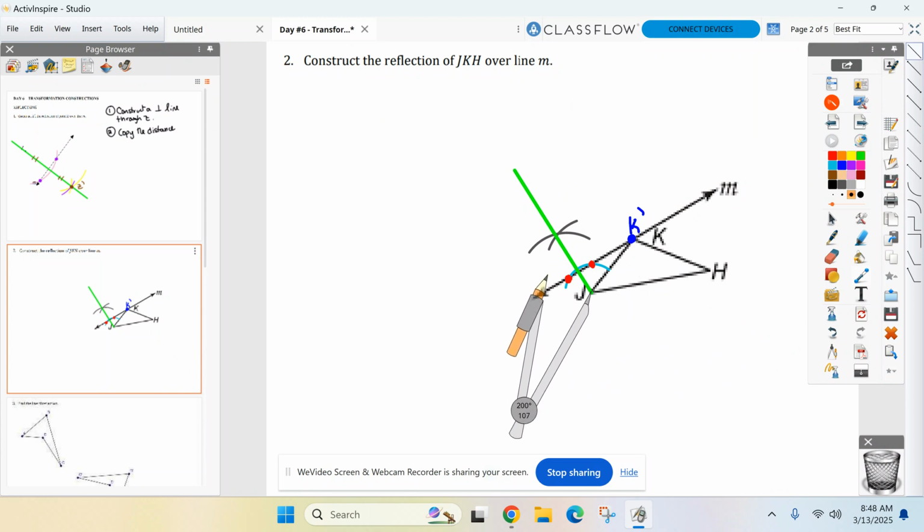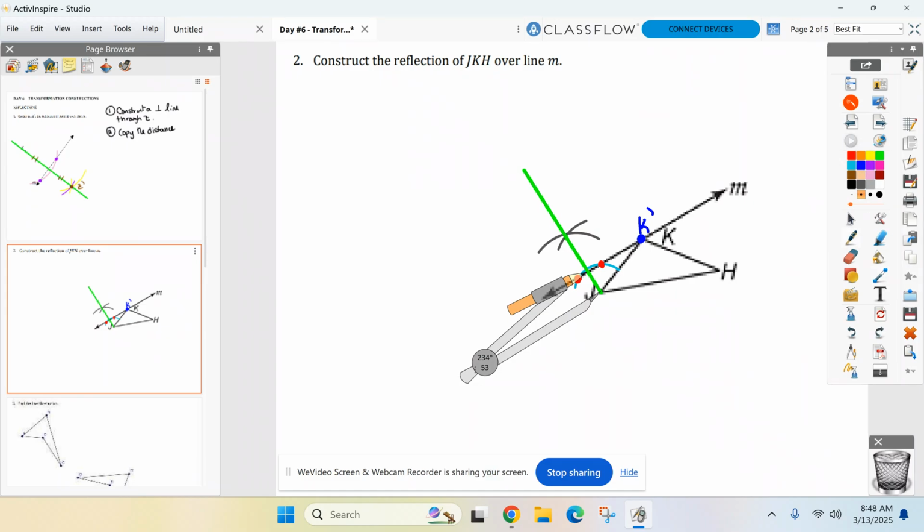So I'm going to go from J to M now. Okay, that's a certain distance away. And then I'm going to make sure that's the same distance on the other side of M. Boom. And there should be J prime.